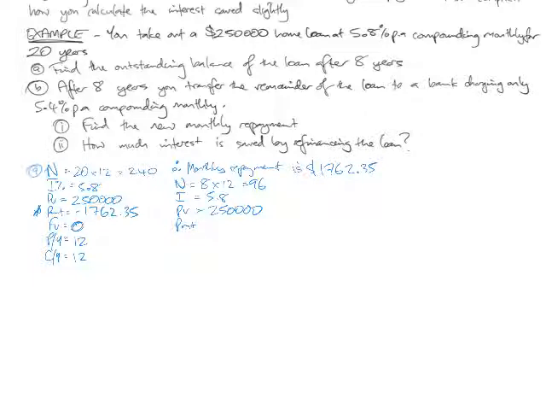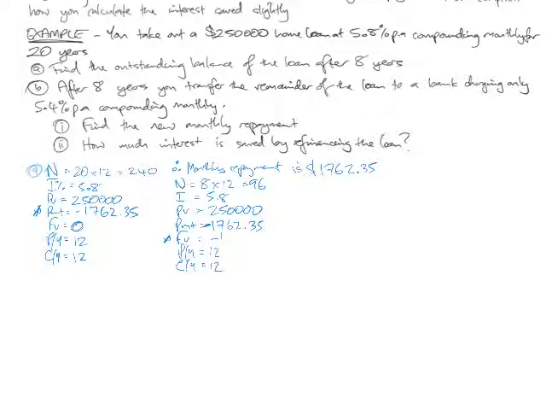You were paying, now we know, negative $1,762.35. FV is what we're trying to solve for. We need to work out how much is left owing after 8 years. So that's what we're solving for now that we know what the regular repayments were. So change N to 96, solve for FV.